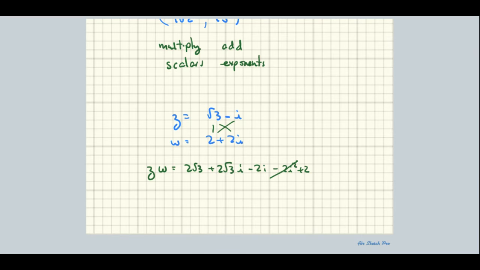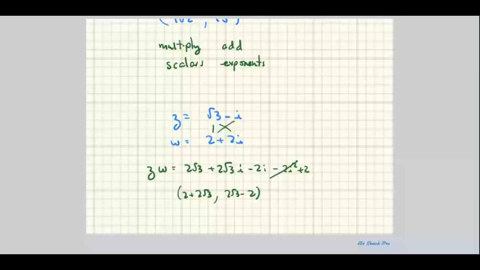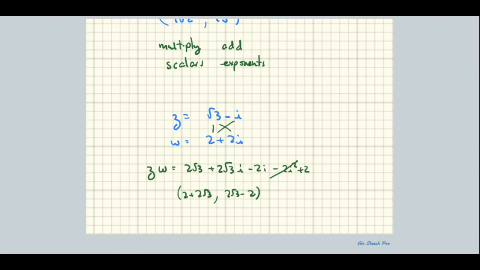So I'm seeing 2 plus 2 root 3, and the other one is 2 root 3 minus 2 i. Okay?